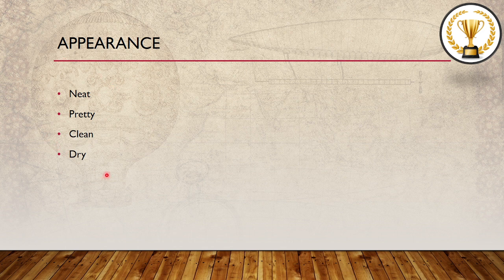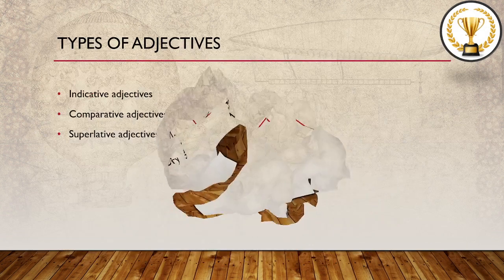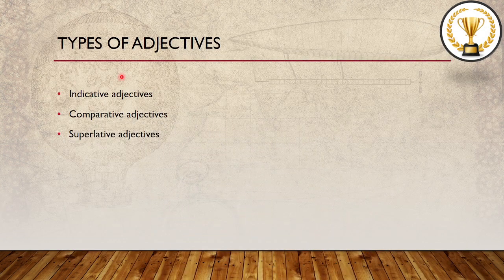So these are the examples of adjectives according to the description appearance. Right. Next one, types of adjectives. So we discussed some examples of adjectives and the descriptions of adjectives. Now we are going to discuss the types of adjectives.